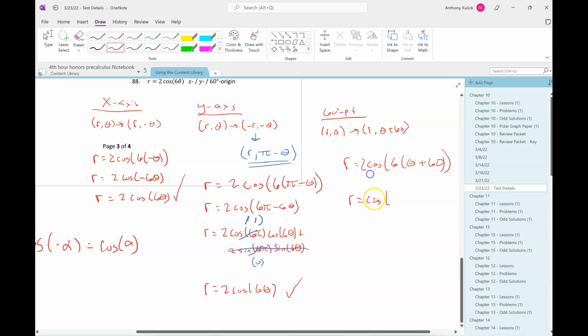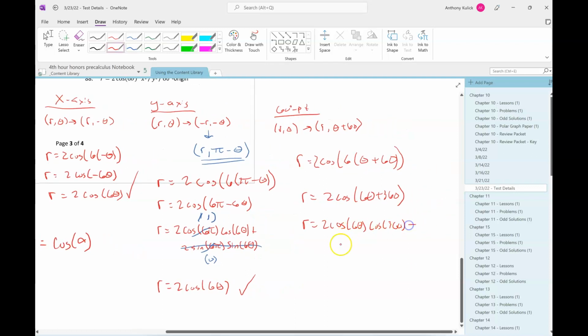I forgot the 2 there. Do the sum formula for cosines. So that's going to be cosine 6 theta times cosine 360 minus, and then the 2 still distributes through, sine 6 theta times sine 360.